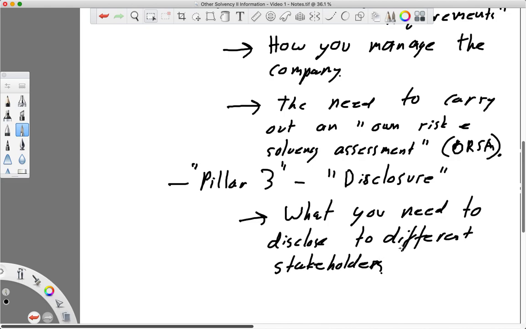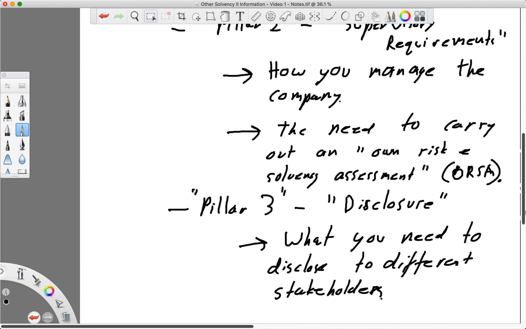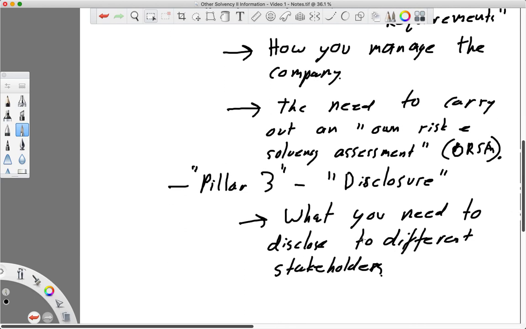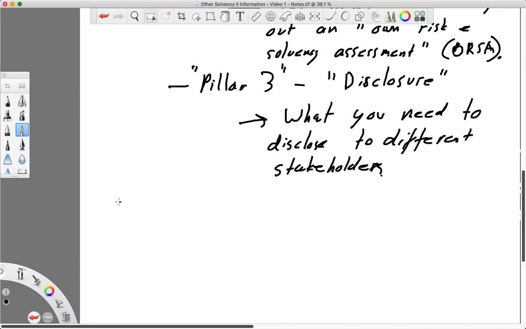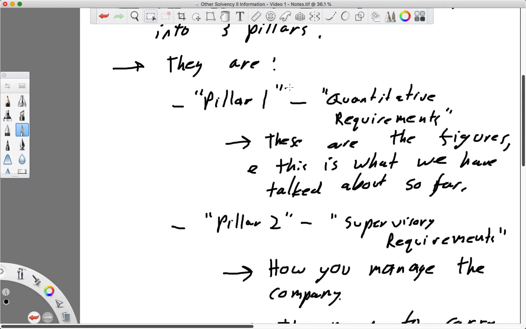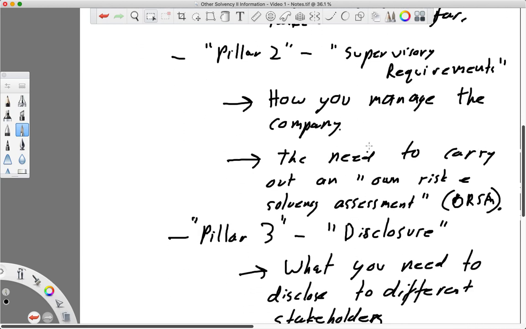So there may be certain facts about the company that you need to make clear to the regulator, certain facts about the company that you need to make clear to the general public. And all this is captured under Pillar 3. And all three of these components make up the Solvency II regulations. So although we spend a lot of time thinking about the numbers, and obviously the numbers are important, there are these other two components here as well.